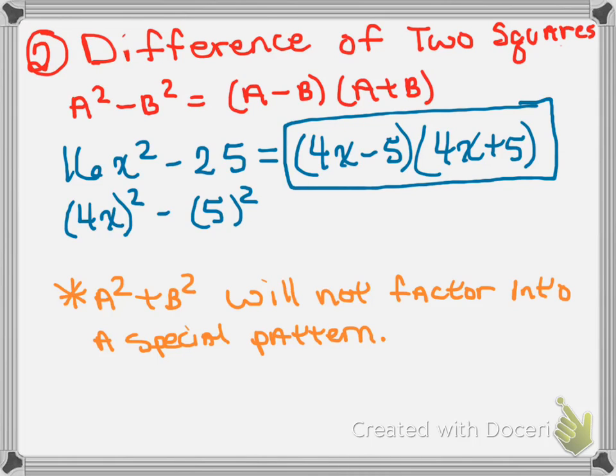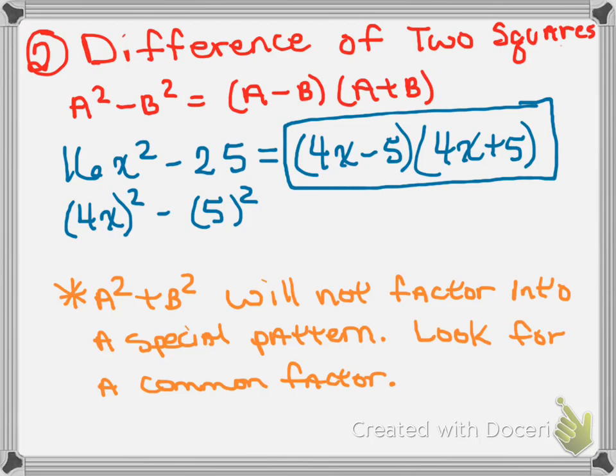The only way that a squared plus b squared will factor would be if it had a common factor. So look for a common factor. If there is no common factor, then this binomial just will not factor.